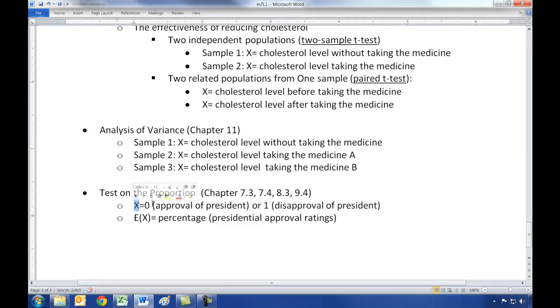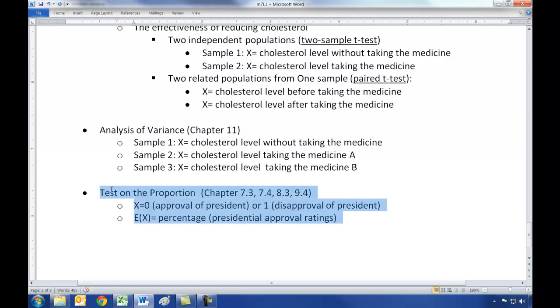Namely, it will either take on 0 or 1. So if we place it in the setting of evaluating presidential approval rating, then we could use 0 to indicate the approval of the president, and 1 to indicate the disapproval of the president. And then the mean of the variable, E[X], becomes a percentage, which is what the presidential approval rating is based on.